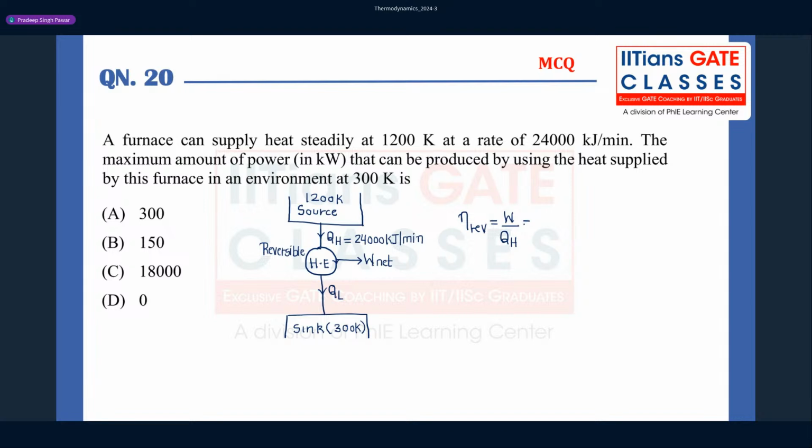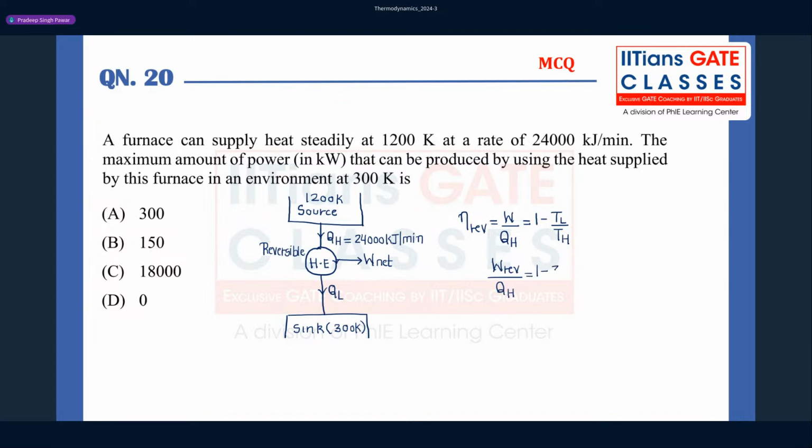And since we are talking about the reversible cycle, this efficiency is 1 minus the ratio of the temperature, that is the temperature of the sink divided by the temperature of the source. So work is something which we want to calculate, and this is a reversible work because this is maximum work that can be obtained. Okay.